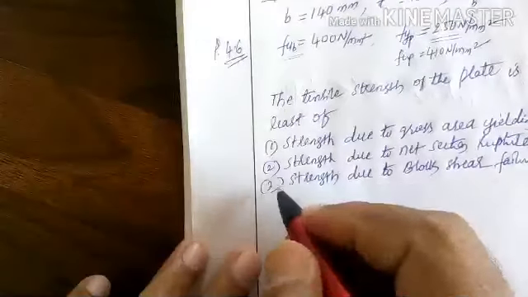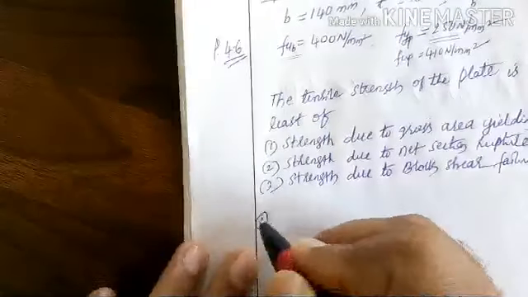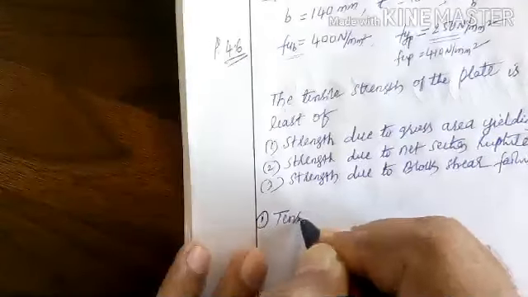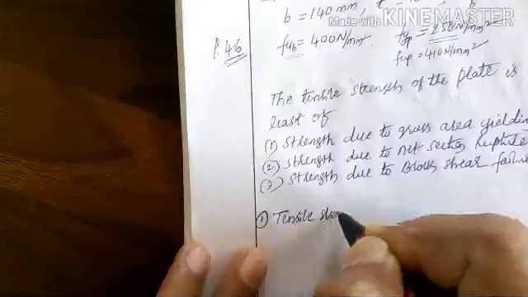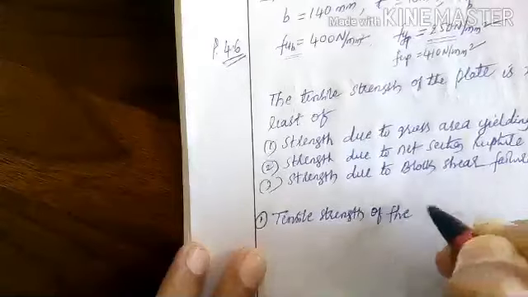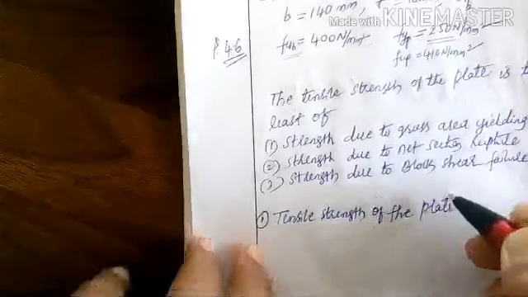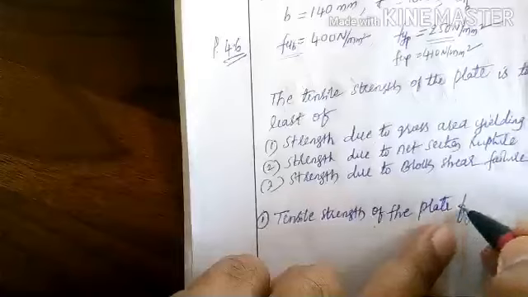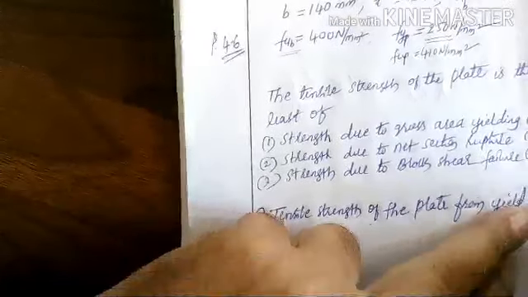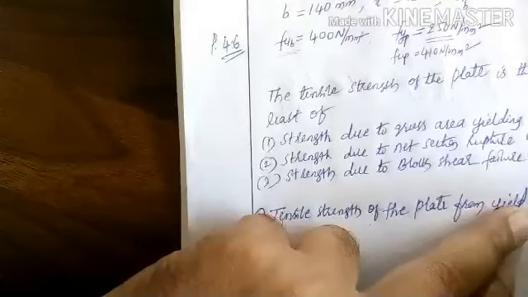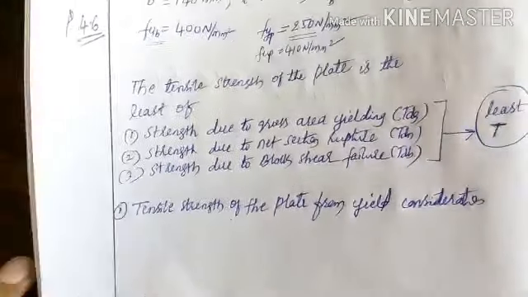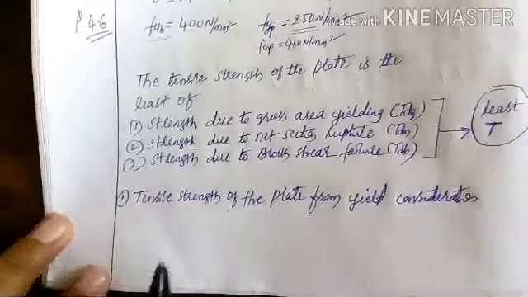The first one is the tensile strength of the plate from yield consideration.